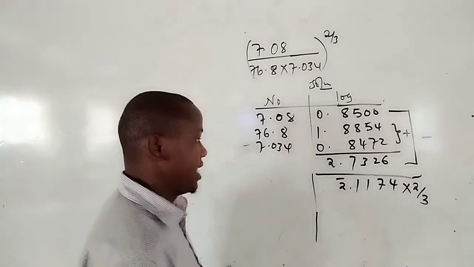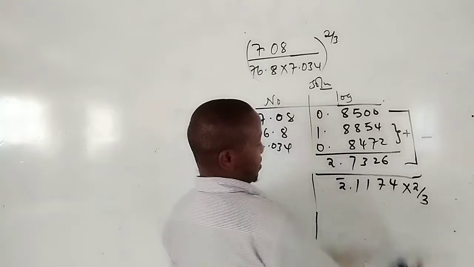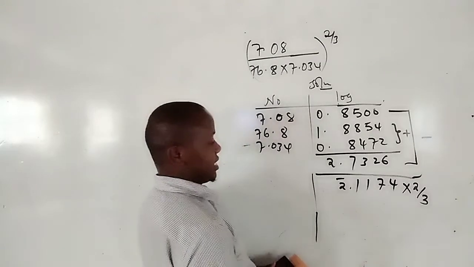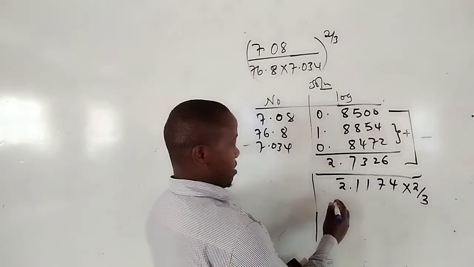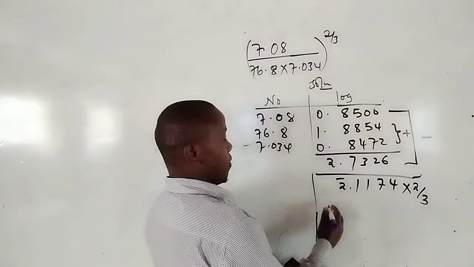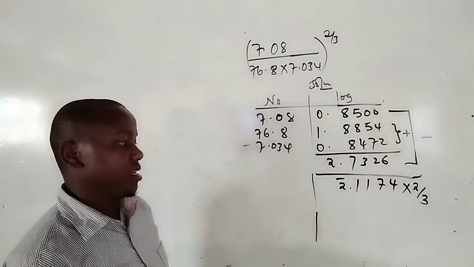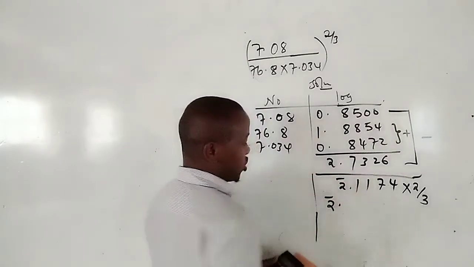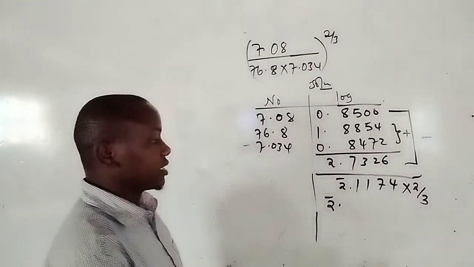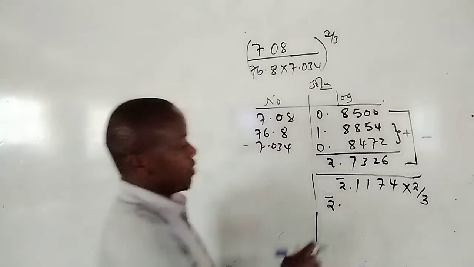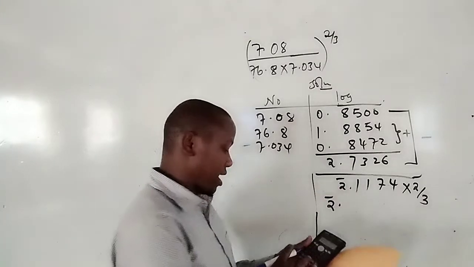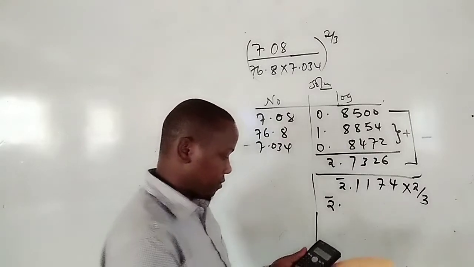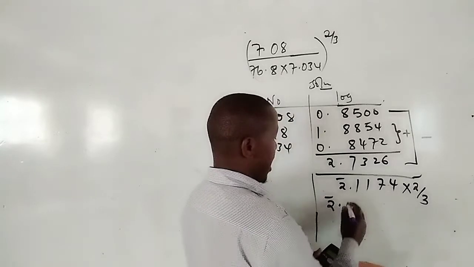Now multiplying this one with the index, you realize that bar 2 won't be divided by 3 directly, and so we can have it as bar 3 plus 1, whereby bar 3 divided by 3 will be bar 1. On the other side we had borrowed 1, so we add it there. So it will be 1.1174 times 2 all over 3, which is 1.7449.